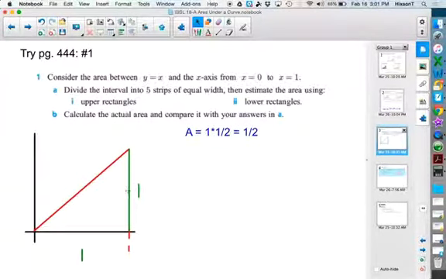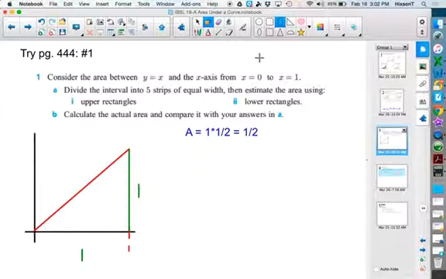But let's go ahead and use our rectangles with an easy one that we're going to be able to figure out pretty easily. It says divide the interval into 5 strips of equal width. So we'll try to do this.